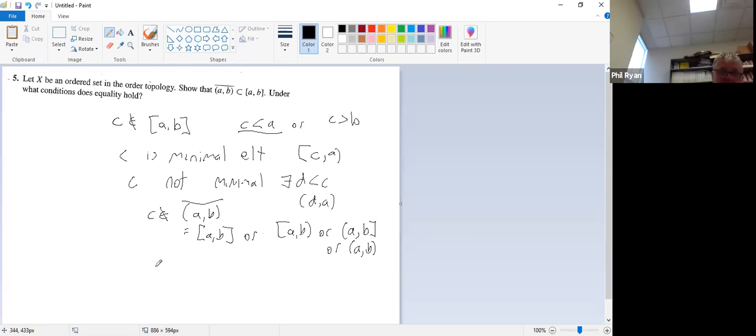Well, how can A not be in the closure of that open interval? That would be if and only if there's a C greater than A and the interval AC is empty. For then in that case, you can just replace the open interval at A with the closed interval at C.